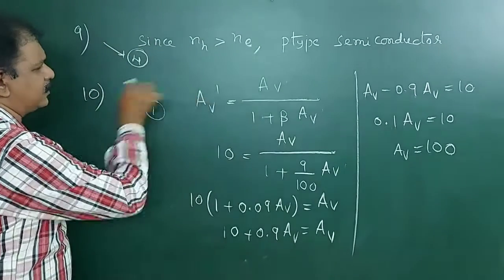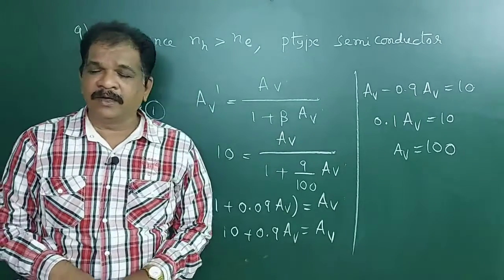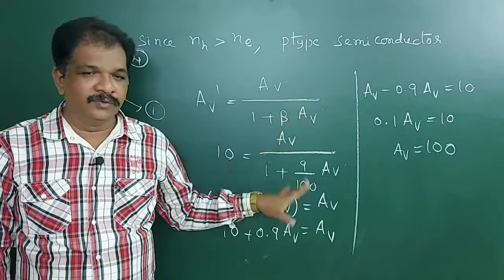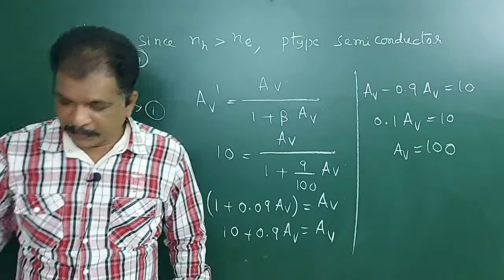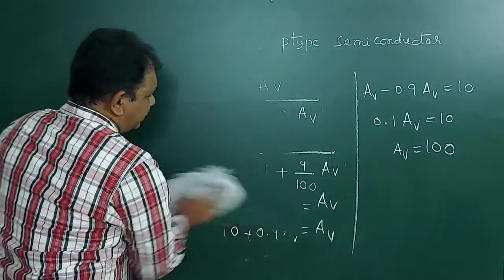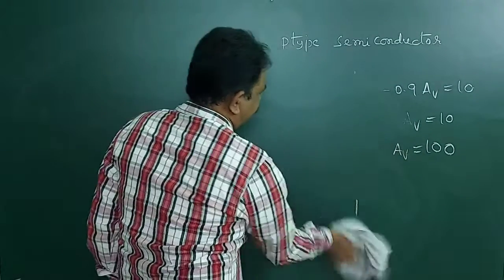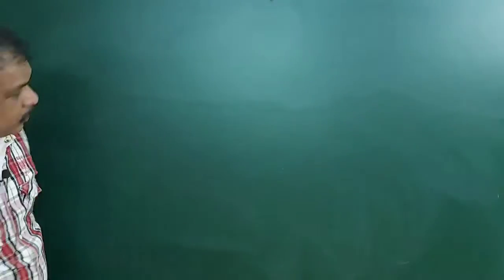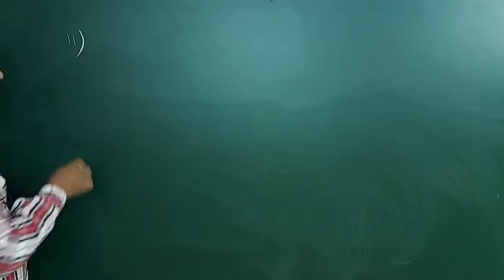These formulas, negative feedback, positive feedback, are not there in the syllabus. Just they gave this, you prepare this one problem, enough. Next, 11th question. What they are asking? 11th.